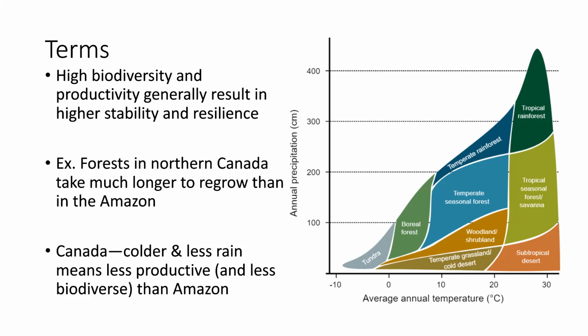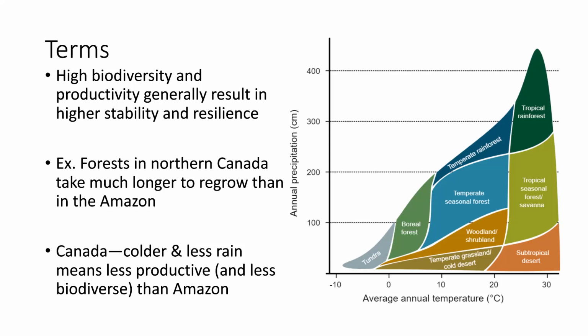There's going to be issues if we deforest both of them. Obviously, it's going to provide timber, but it's going to have negative environmental consequences as well. But when that occurs, because the rainforest is so much more productive, so much more biodiverse, it's going to be better able to withstand that change.